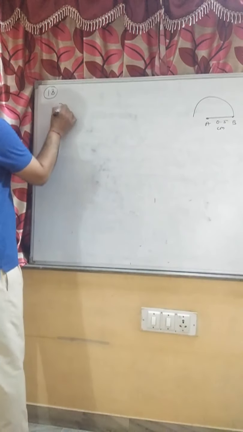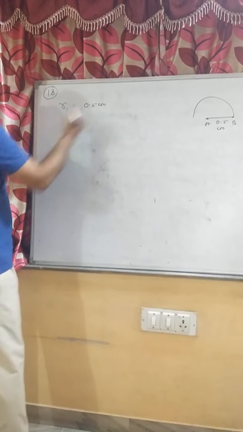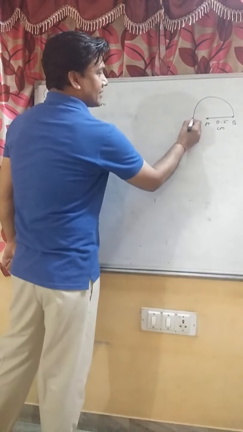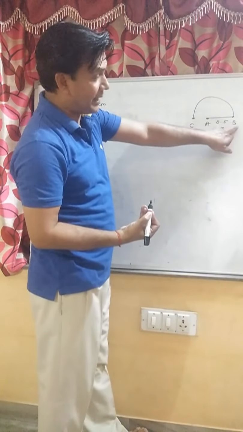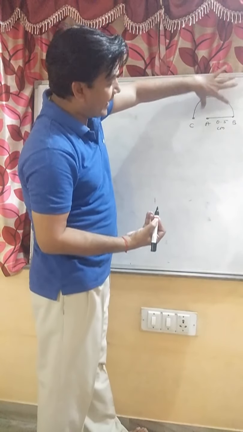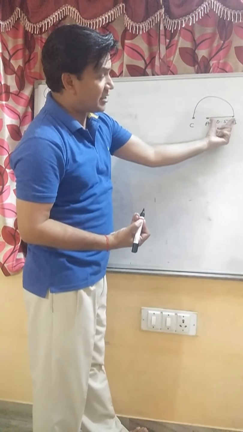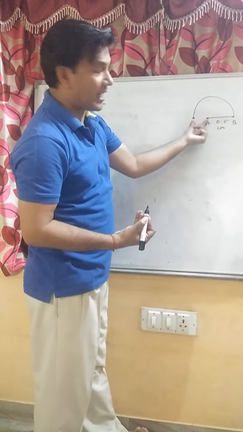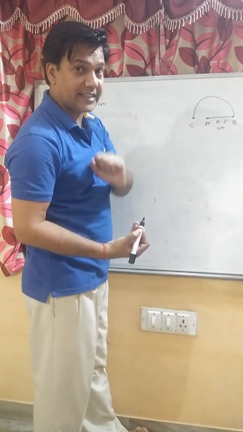So the radius of the first semicircle is 0.5 centimeter. Now we have the point C. Now put the compass at B and take the radius BC. So AB is 0.5 and AC is also 0.5. The total distance B to C is 1 centimeter.